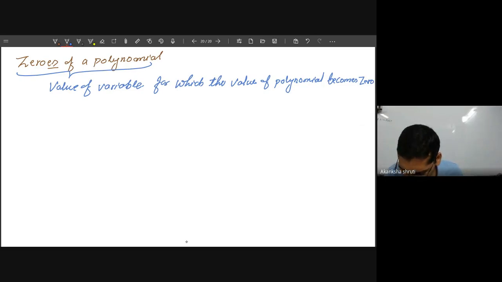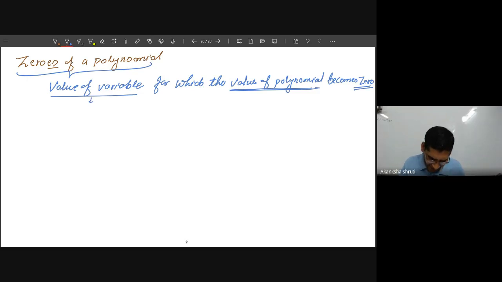Understand this: the value of the polynomial must become 0 for a specific value of the variable. For example, if I take x equals minus 1, then p of minus 1 was becoming 0.